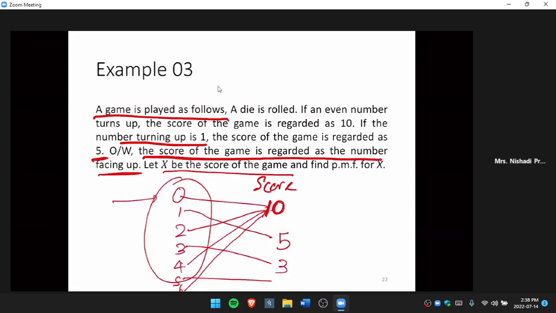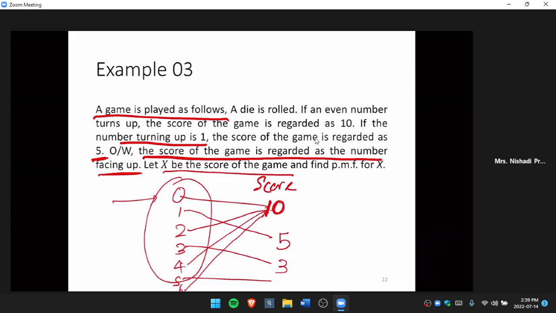Okay, there's a question from a student. Can we get 0 as sample space? I think mistakenly I have written that 0. Sorry for that. In this example, we are rolling a die.